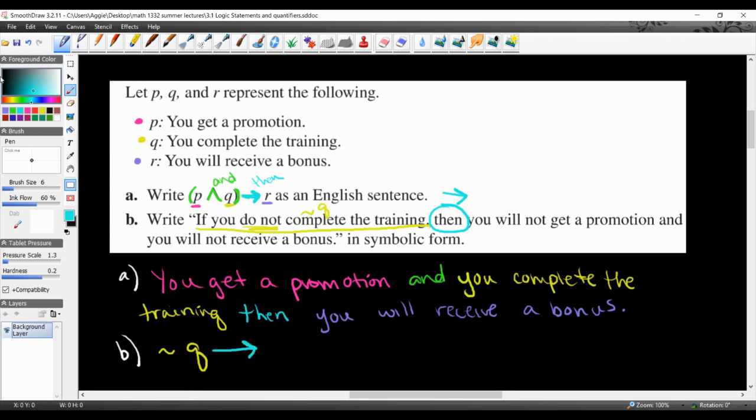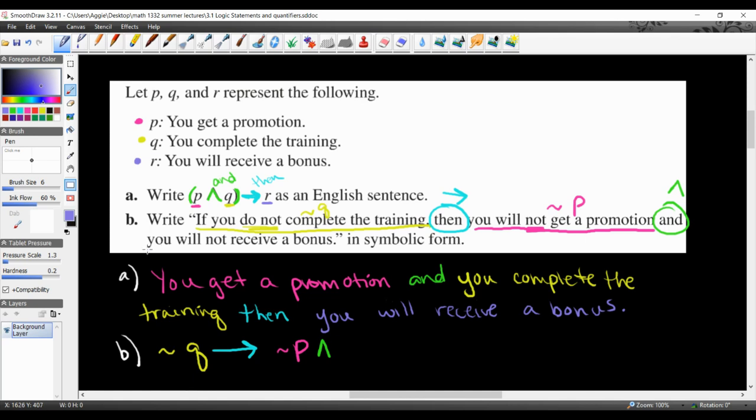So then you will not get a promotion. P is this color, so you will not get a promotion, and we have that not again. So not P. Another connector, and, and you will not receive a bonus.